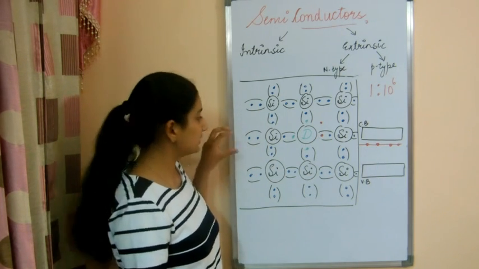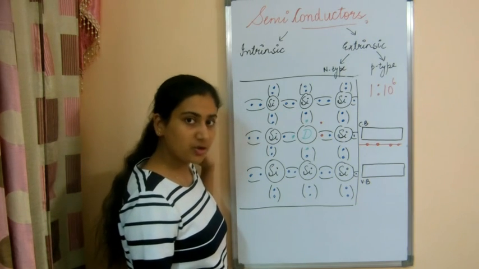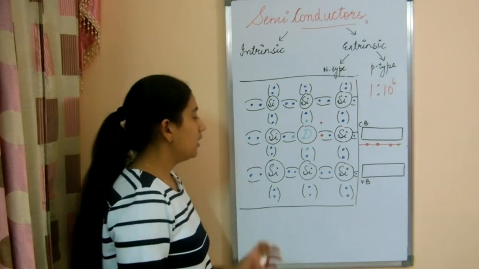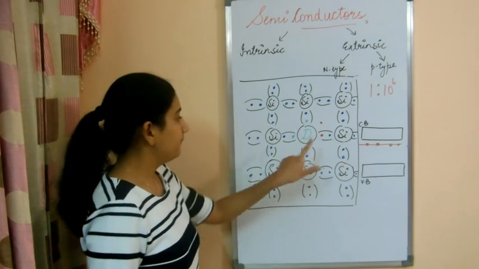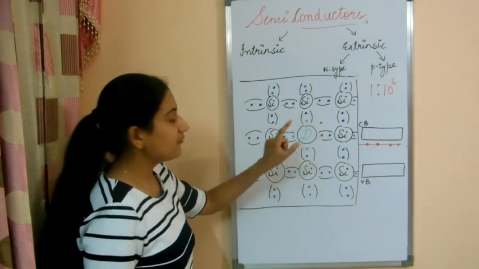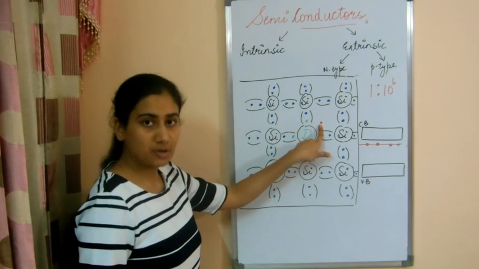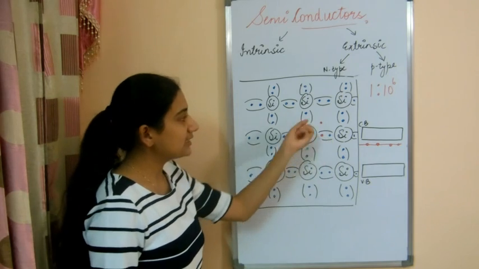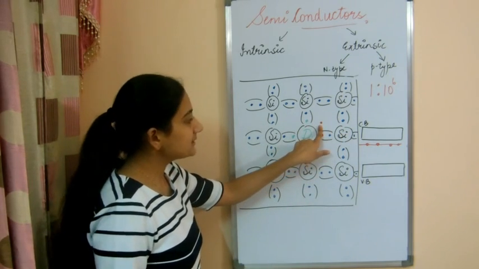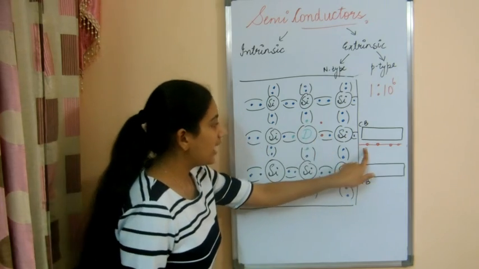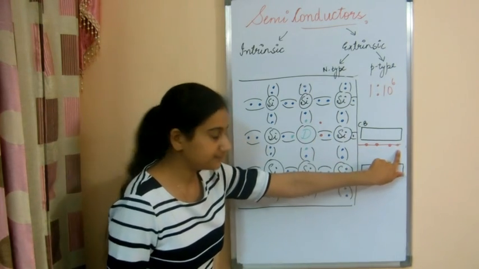So we have to see how free electrons and holes are present in an N-type semiconductor. First of all, the electrons of the pentavalent impurity which are not in any bond are present at this energy level.